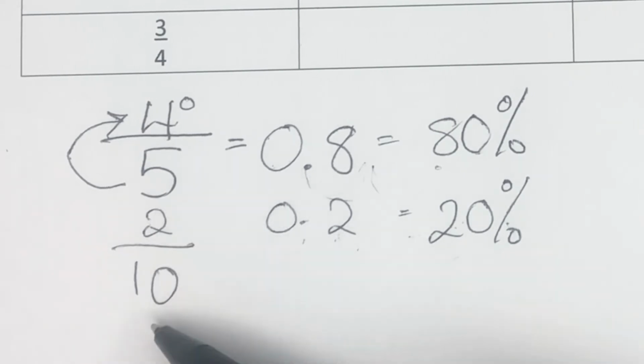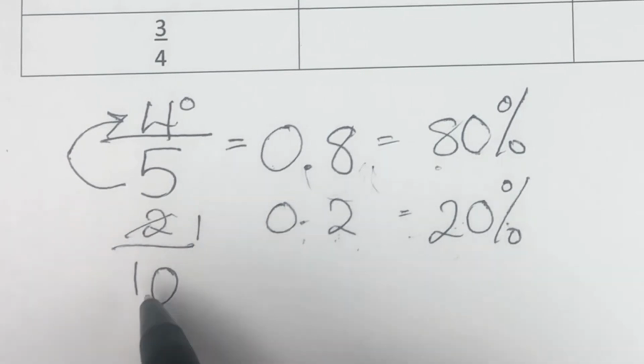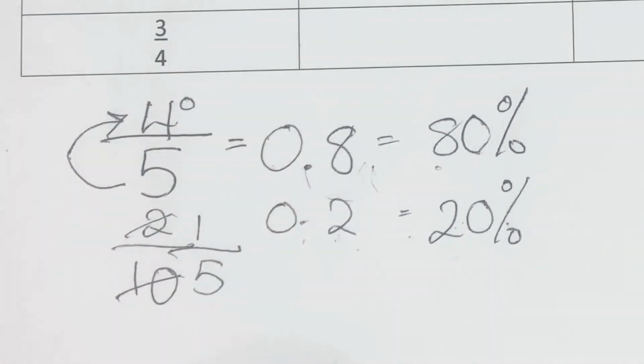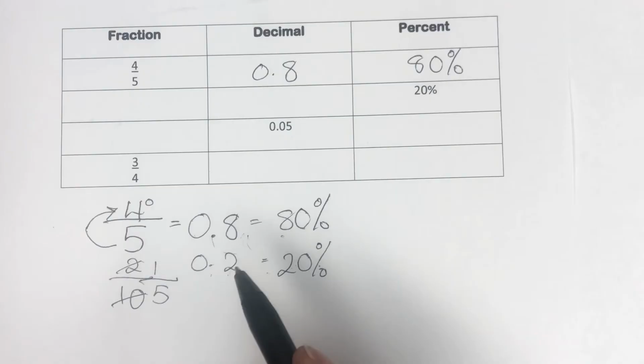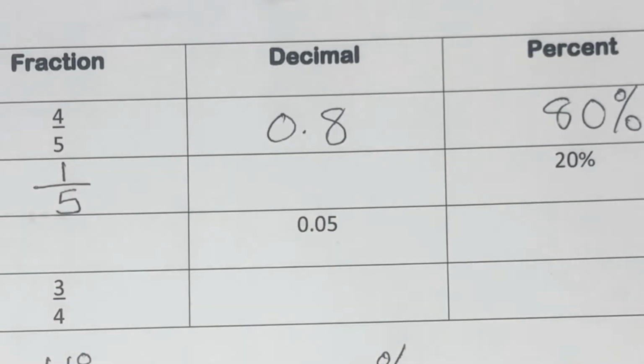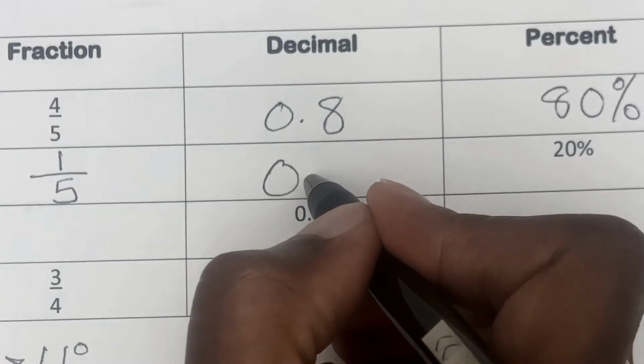So we're going to use the 2 times table. All right, so 2 goes into itself once, 2 goes into 10 5 times. So now we can fill in the table, right? So the fraction for 20% is 1/5, because we have that here, and the decimal is 0.2.